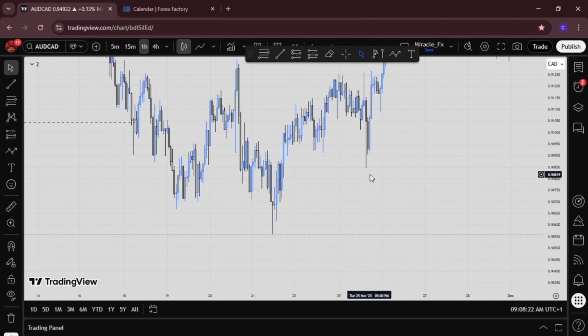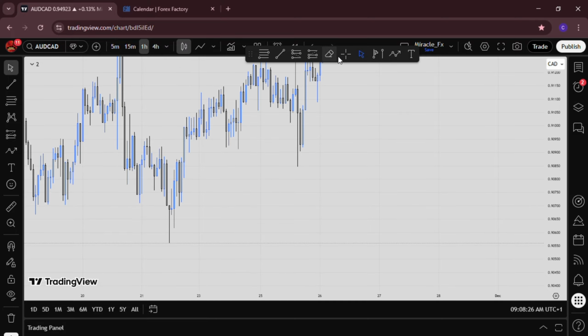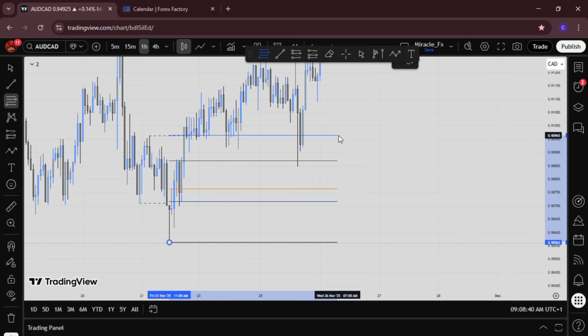On the 1 hour time frame, what am I looking for? Sweep of liquidity, break of structure, and then I'll mark out my Fibonacci extension too. Very simple.